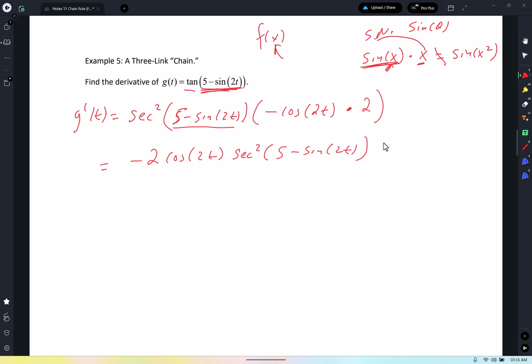So you move that x to the front. So sine x times x is x sine x, not sine x squared. So don't do that, please. Because of this, negative cosine 2t times 2 is negative 2 cosine 2t.